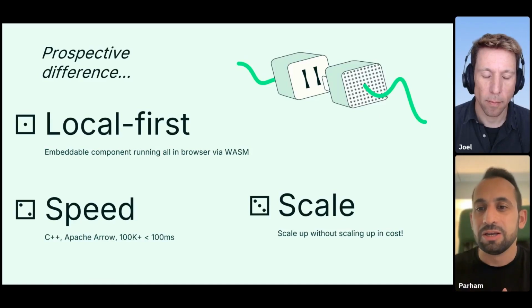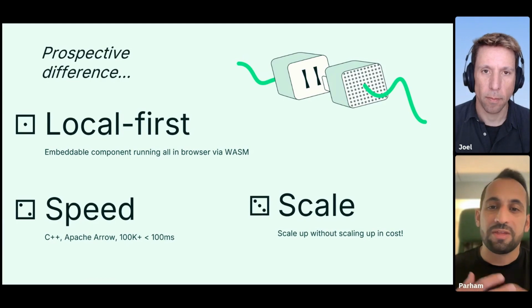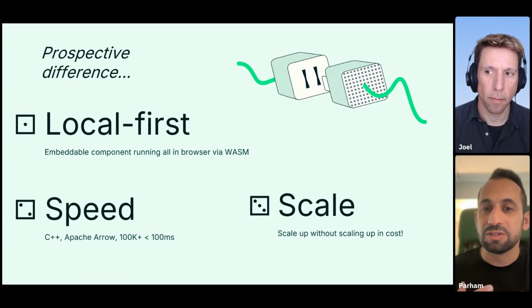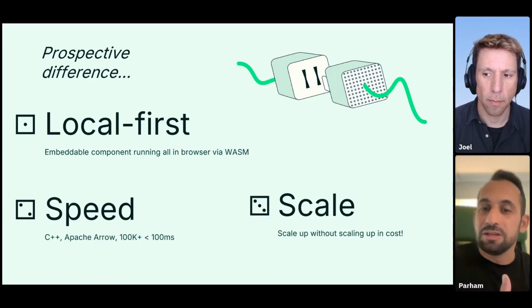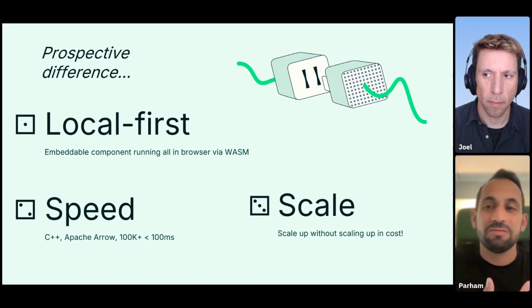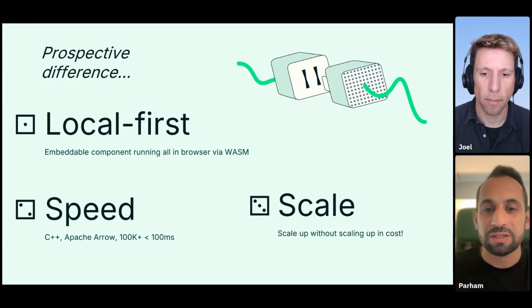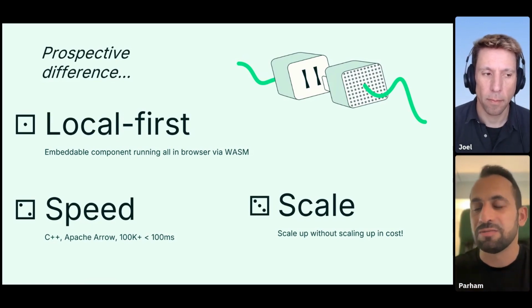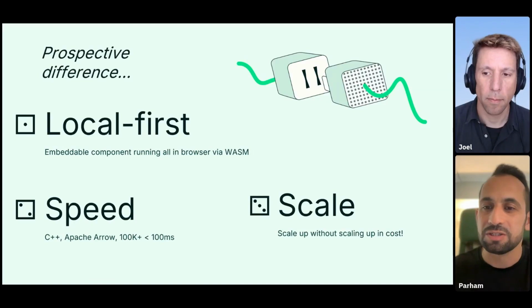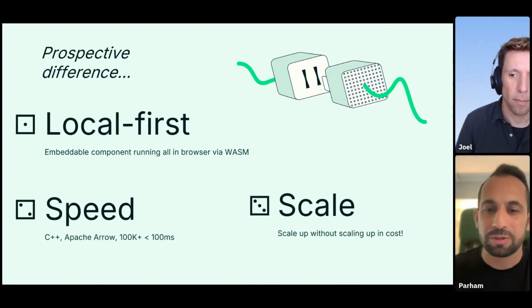When you're deploying Perspective across hundreds of thousands or millions of users, you don't have to scale up all the cloud resources that you usually need with other data visualization tools, because we're doing everything locally on the device. So we scale much more easily to many users, which means much lower cost for deploying a data visualization to a high number of mobile or app users.